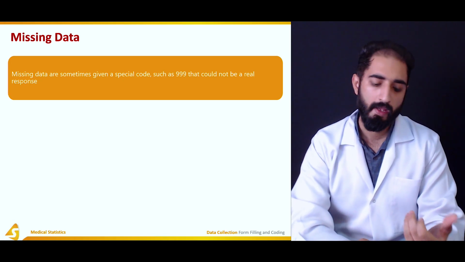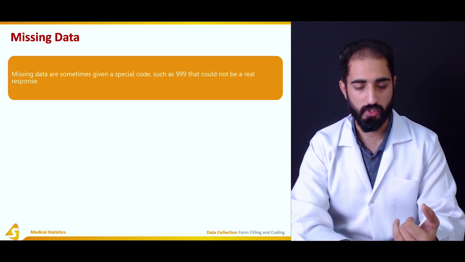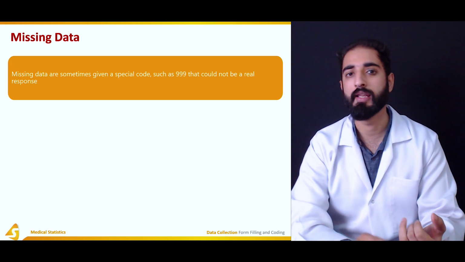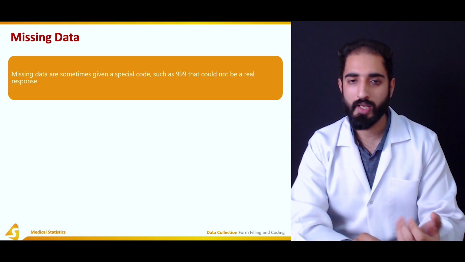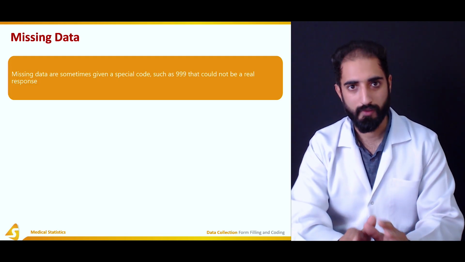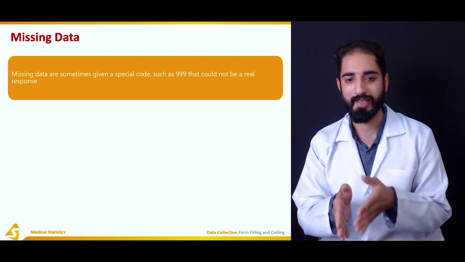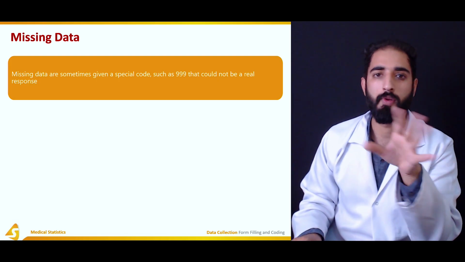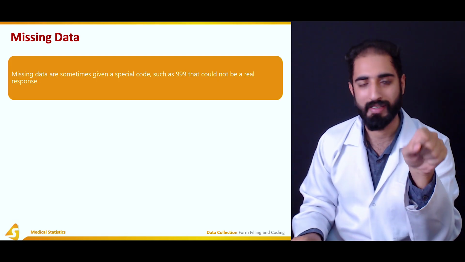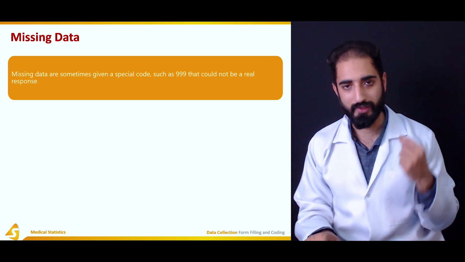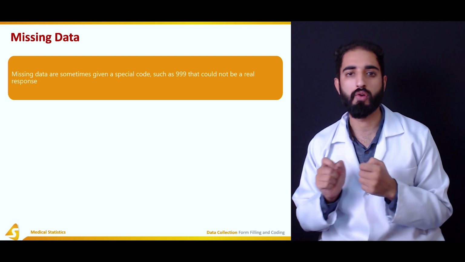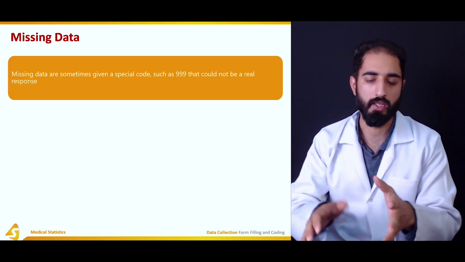For example, if I have a variable such as gender and we have 1 and 0, 1 for male and 0 for female, then 1 and 0 are the possible codes for it. But if I insert a code like 999, then 999 cannot be male or female. It does not fall into any of the categories, so it can be used as a code for a missing value.